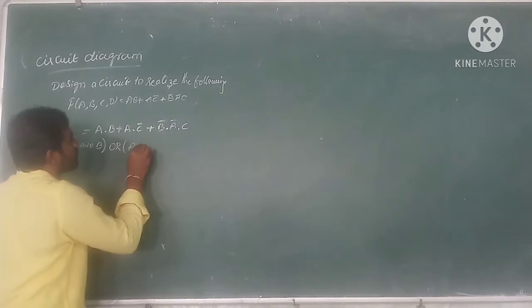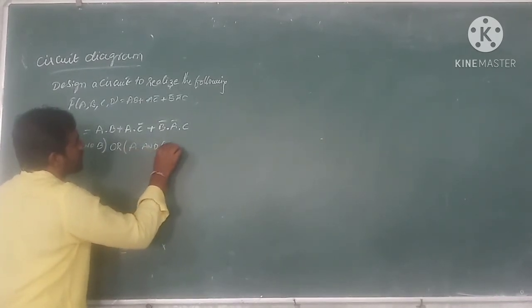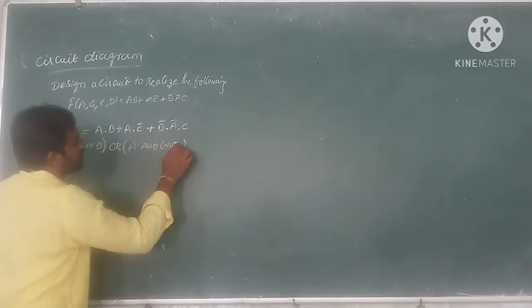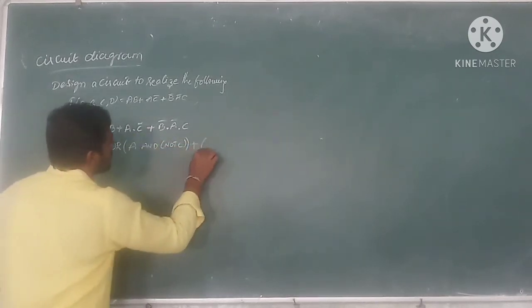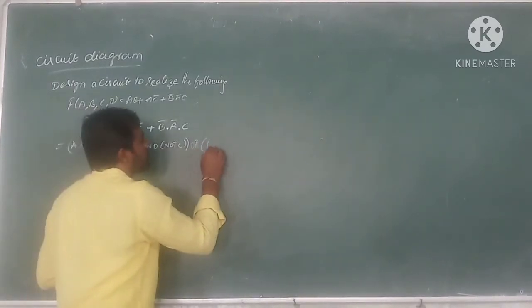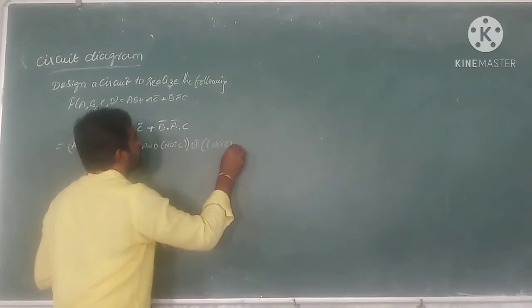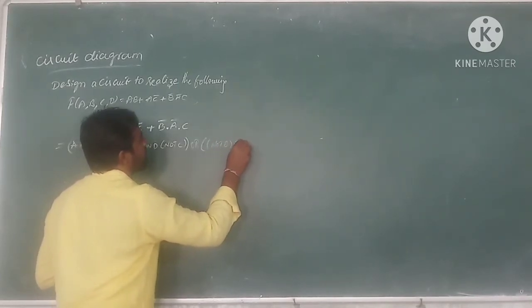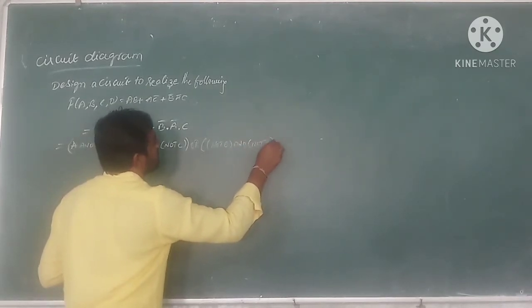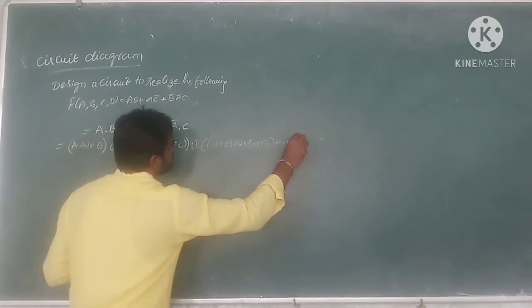Then a and not c. This is the complement, so we are using not c. Again plus, not b and not a and c.